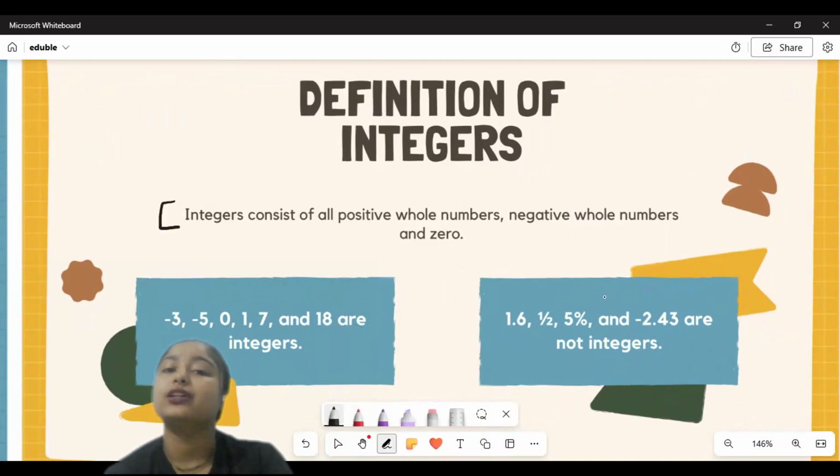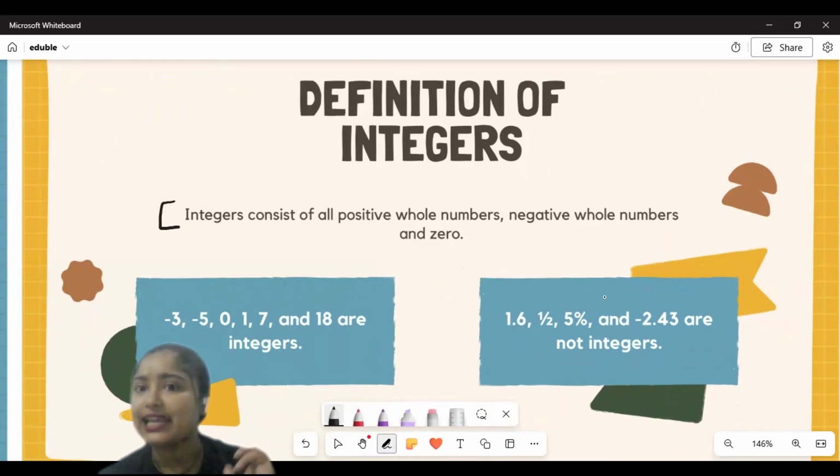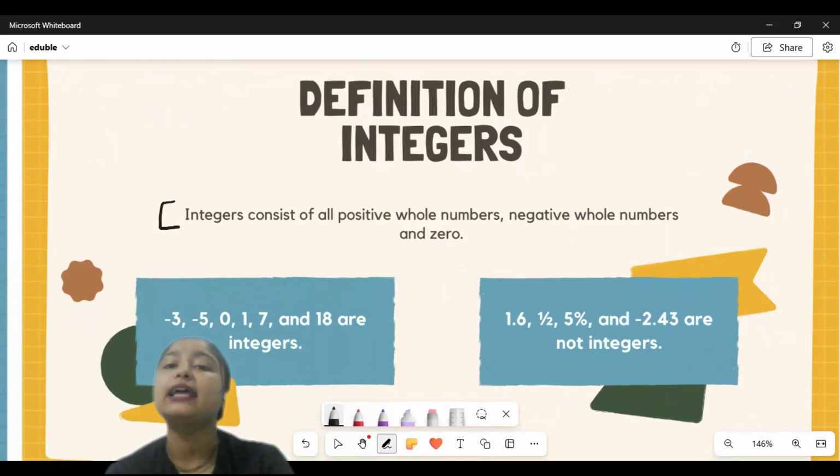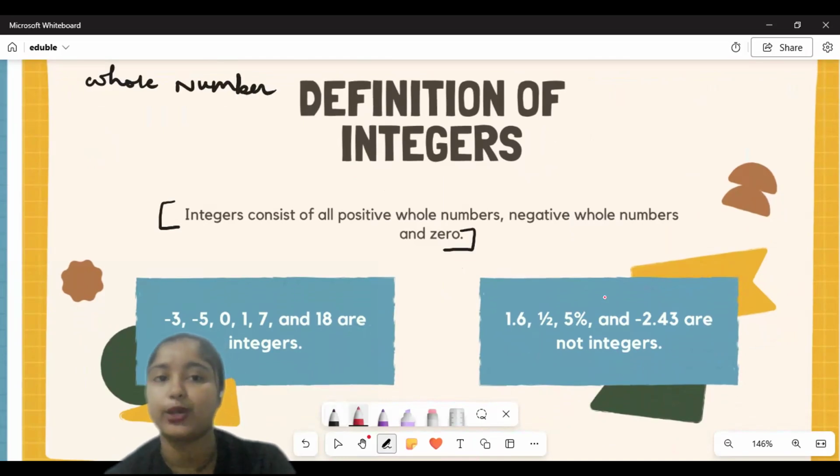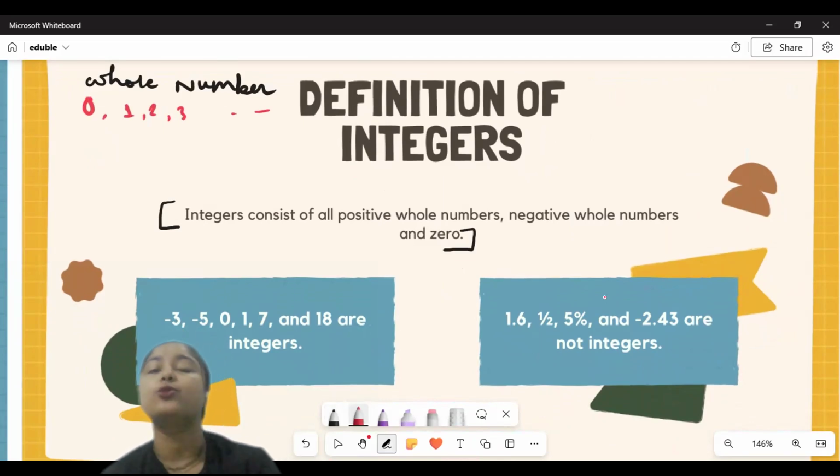An integer consists of all positive whole numbers, negative whole numbers, and zero. You must know what whole numbers are. A whole number is a number that has the natural numbers plus zero in it, right? It starts from zero and then all the natural numbers like 1, 2, 3, and so on.